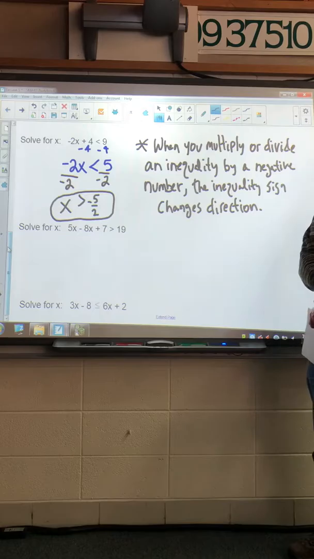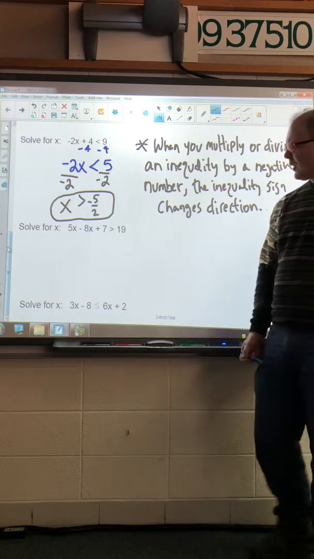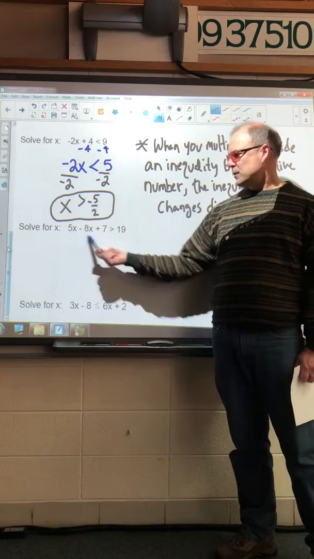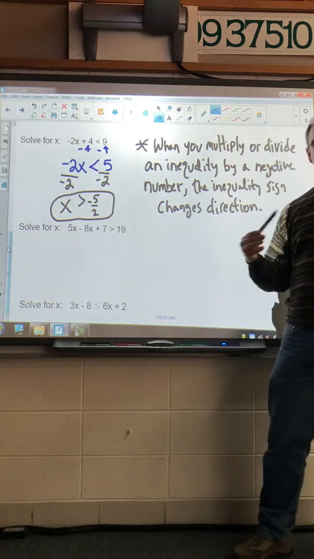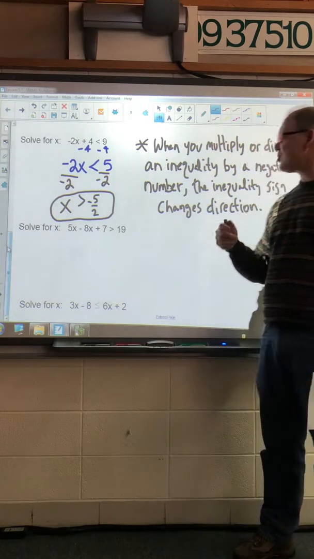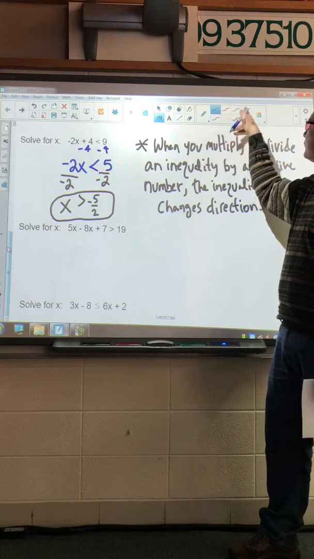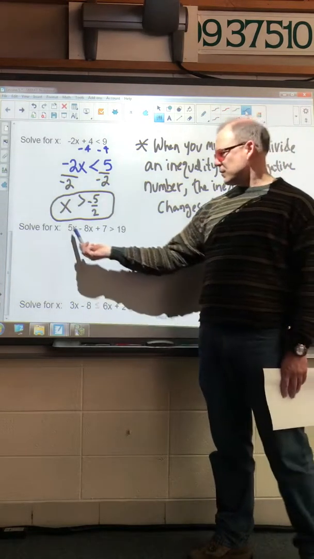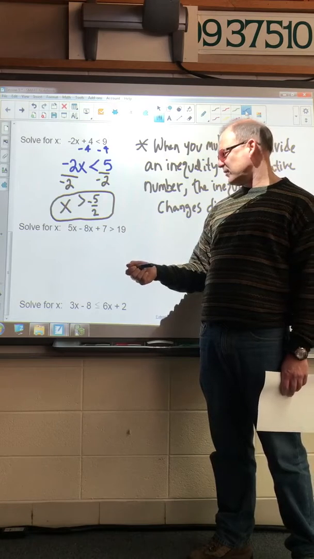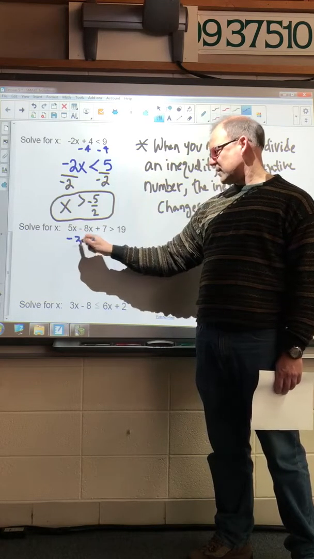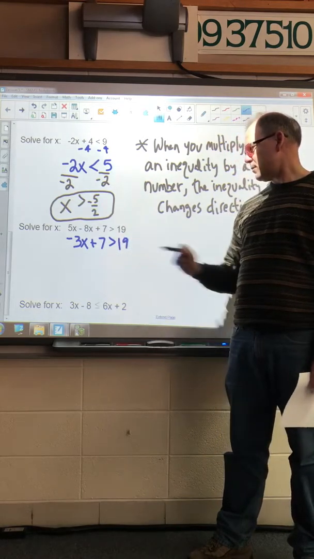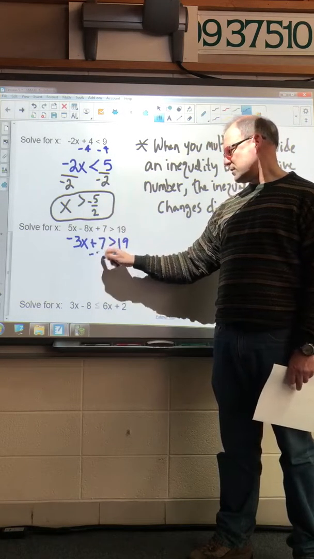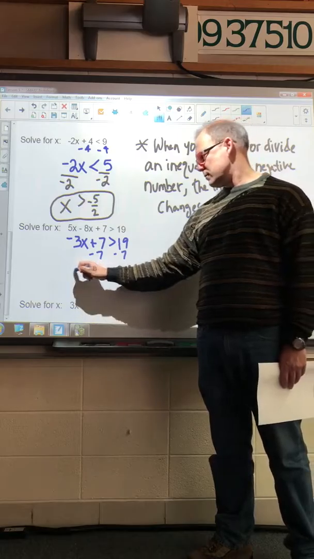So think back to when we were solving just regular equations. Remember, if there were like terms on the same side of the equation, we just want to combine like terms there. So 5x minus 8x is negative 3x. Subtract 7.